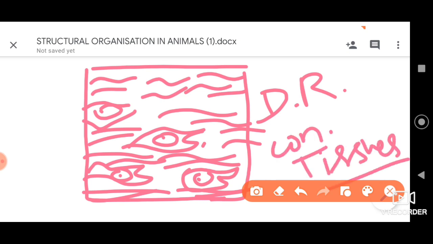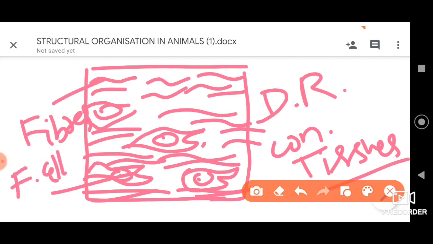Alright students. See, these are fibers and these are cells, fibroblast cells. So these fibroblast cells are arranged in the parallel rows of fibers. So if it is the case, we call this dense regular connective tissues.